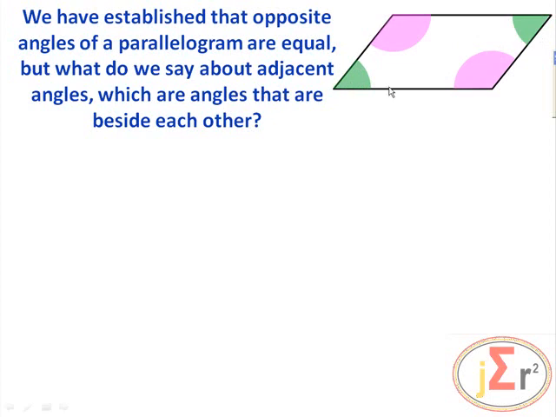When they are beside each other, we say that they are adjacent. Adjacent angles are formed by the same straight line. So these are adjacent, because this angle is on this line and this angle is also formed by the same line.